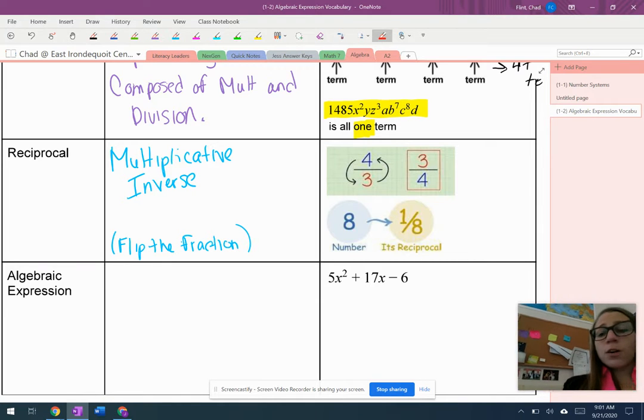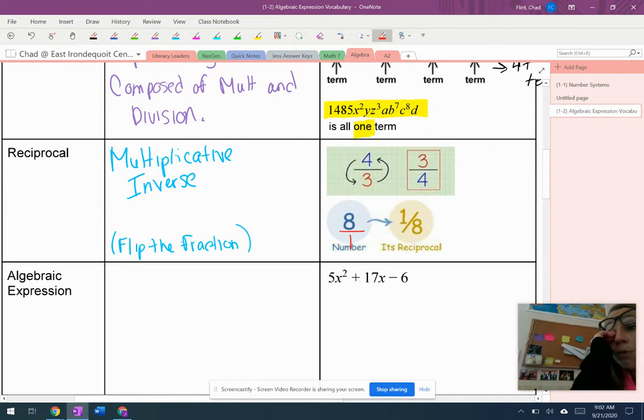Now, over here in our example, you'll see we have 4/3. The reciprocal of 4/3 is 3/4. The reciprocal of 8 is 1/8 because 8 over 1 flipped is 1 over 8. Now you'll notice that when you multiply a number by its reciprocal, you end up with 1.